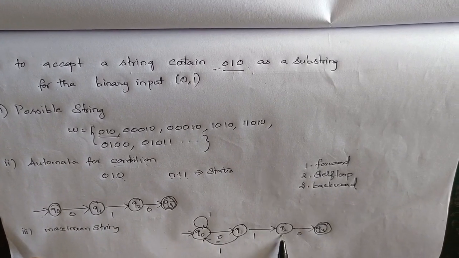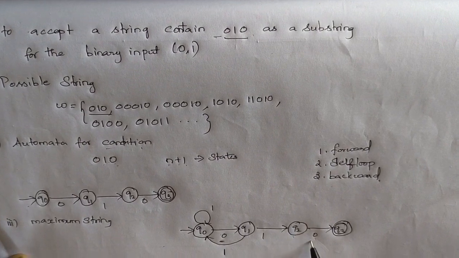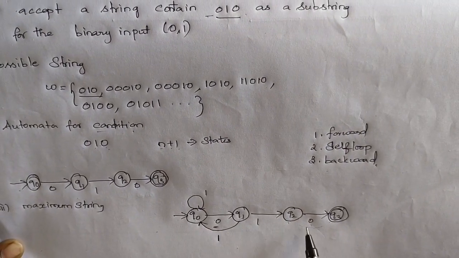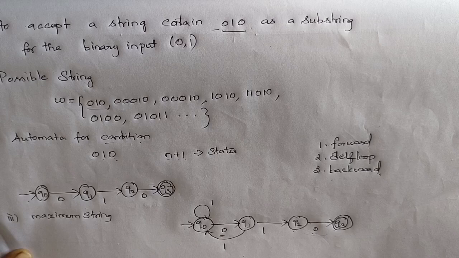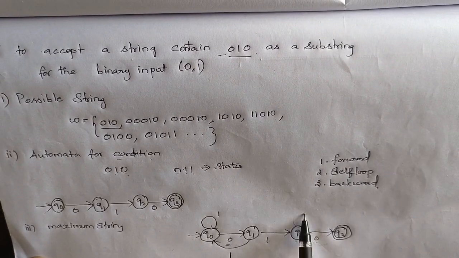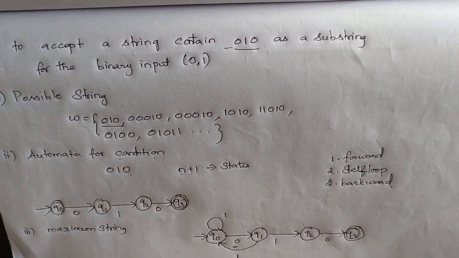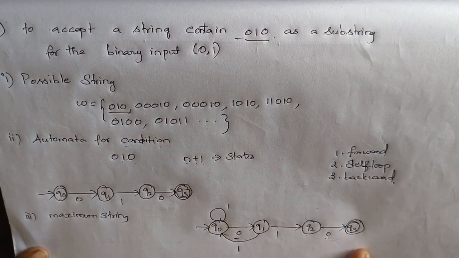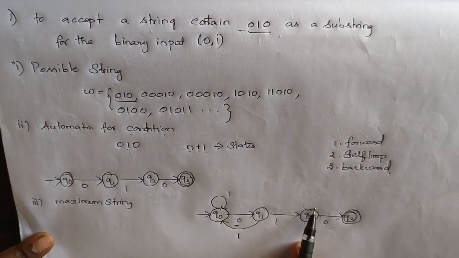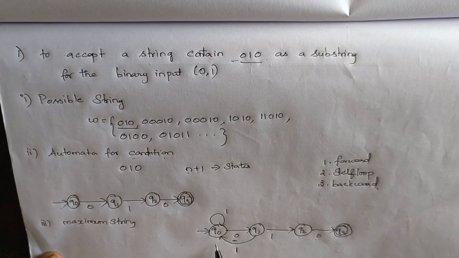Next Q2: here 0 is transferred, the balance is 1. If you give 1 to Q3, it is 0, 1, 1, so the substring 0, 1, 0 is not there. If you try the self loop, it is 0, 1, 1, 0, so the 0, 1, 0 substring fails. These are all the possible ways from the initial state to the final state. Next, backward we have two possibilities, Q1 or Q0.